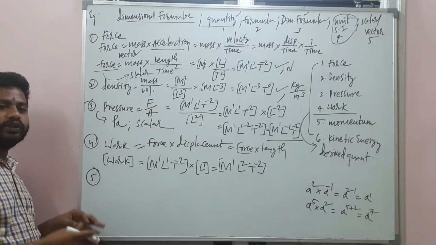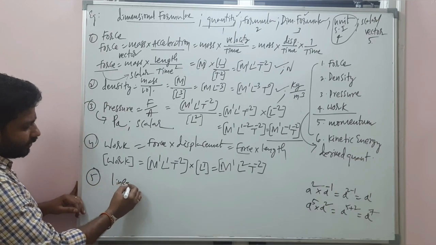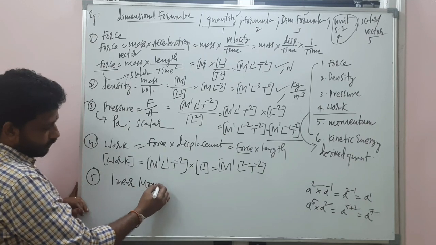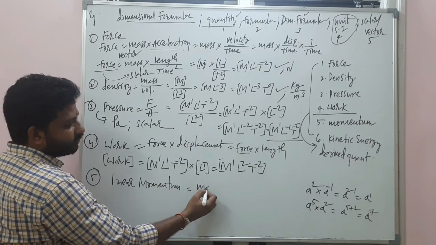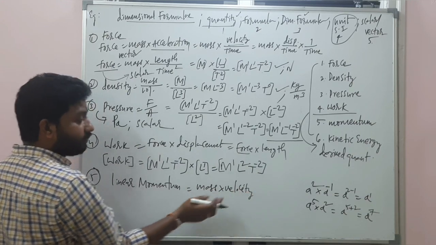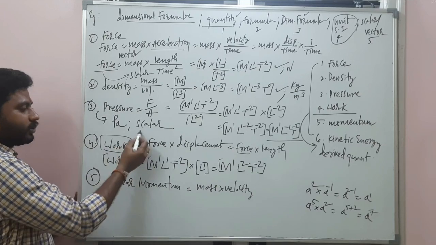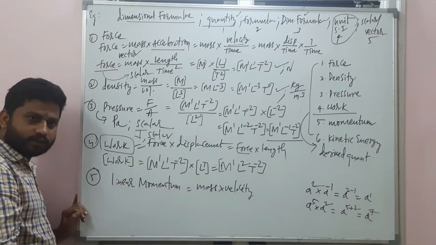The fifth one and sixth one, you have to do it. What is the fifth one? Linear momentum. What's the linear momentum formula? Mass into velocity. And before that, work: SI unit is joule and work is a scalar.